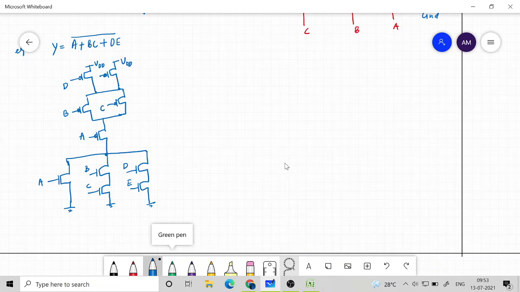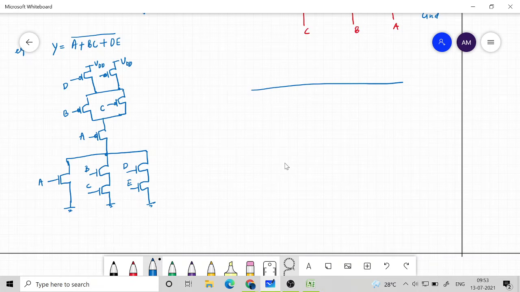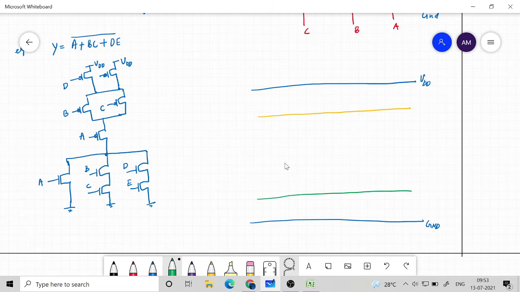So we will start with the power rail. One is VDD, another is ground. Then I have yellow for P diffusion, green for N diffusion.